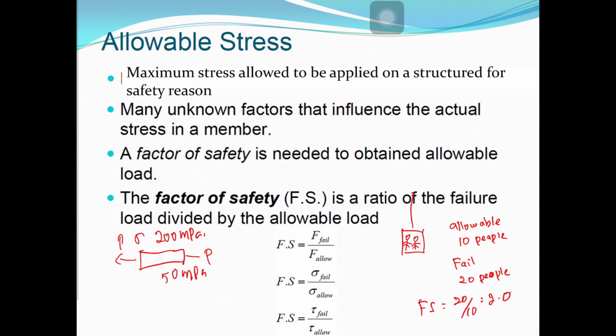This is sigma fail and sigma allowable. The factor of safety is 200 divided by 50, you have 4.0. So that is the allowable load.